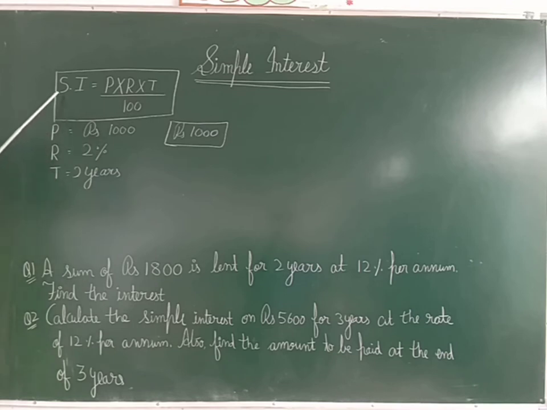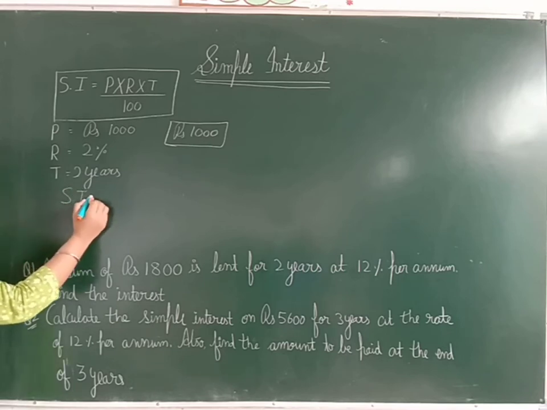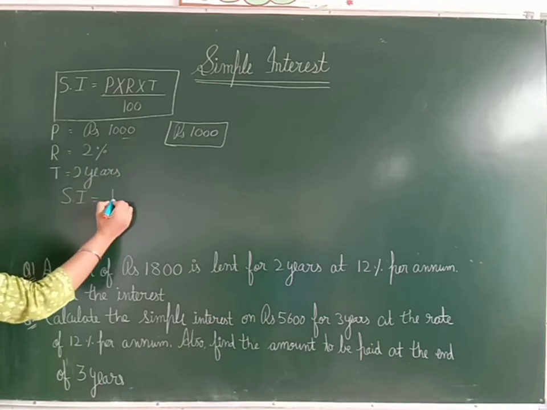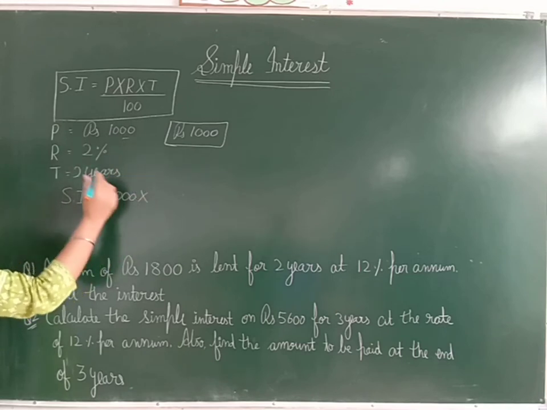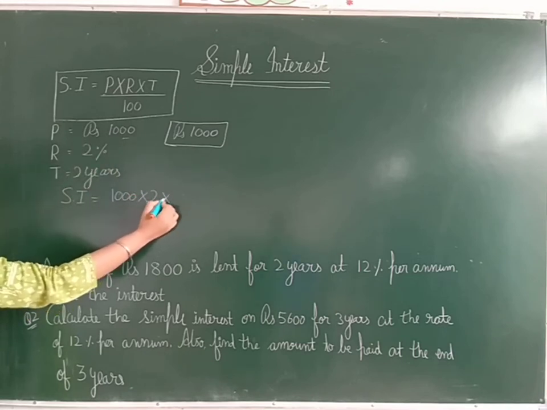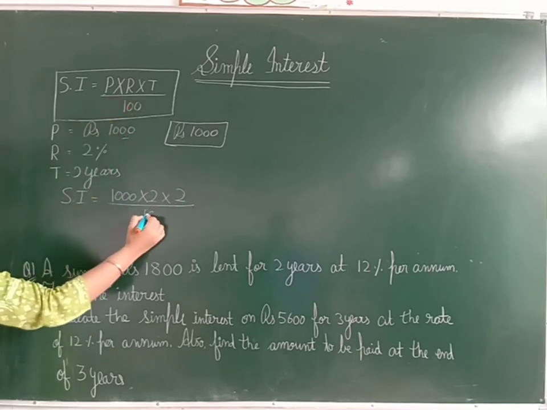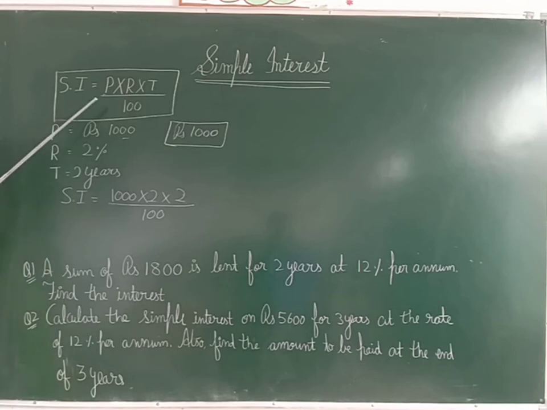So let us calculate the simple interest. Simple interest is equal to principal. Principal in this case is 1,000 and rate is 2% per annum and time is 2, divided by 100.